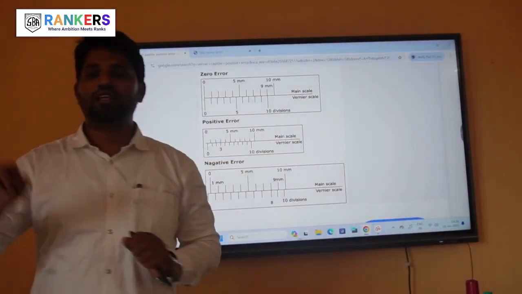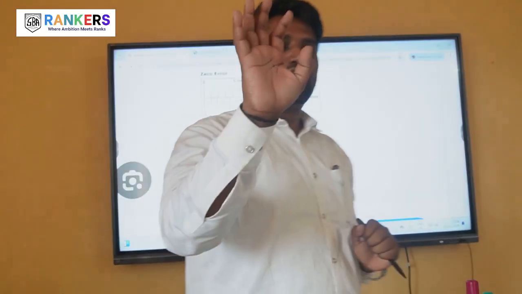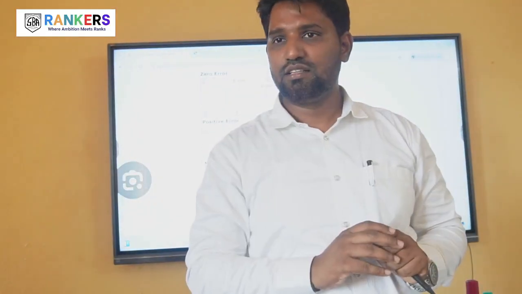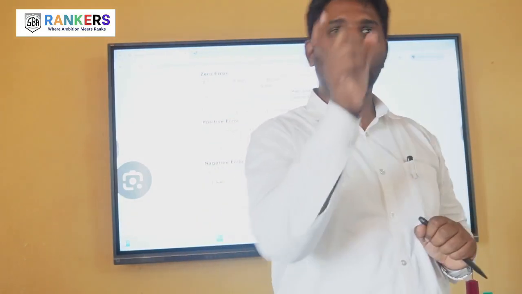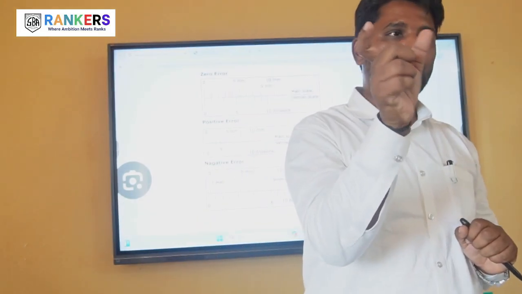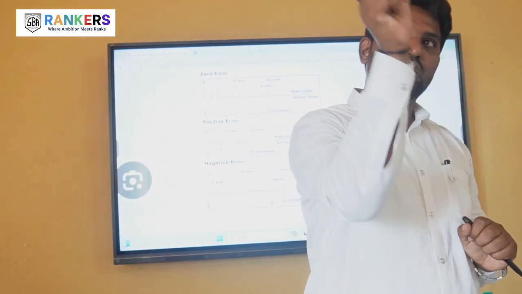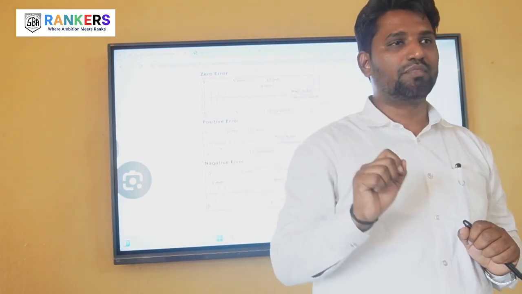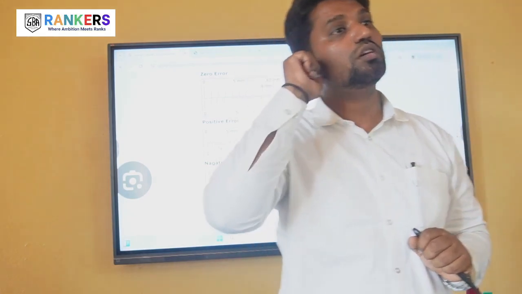Now, listen. With the help of Vernier caliper, you can measure the thickness. You use the formula to calculate the thickness of any apparatus, any object. You calculate the reading. Now the question is asking what is the correct value.